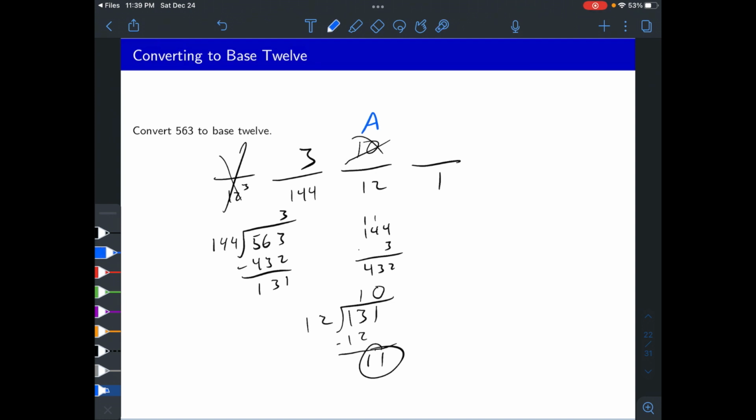So I could write 11 groups of 1 right here, but again, it's probably better to write this in terms of base 12 digits. So that would be the digit B in this case. So 563 base 10 converted to base 12 would be equal to 3AB base 12.